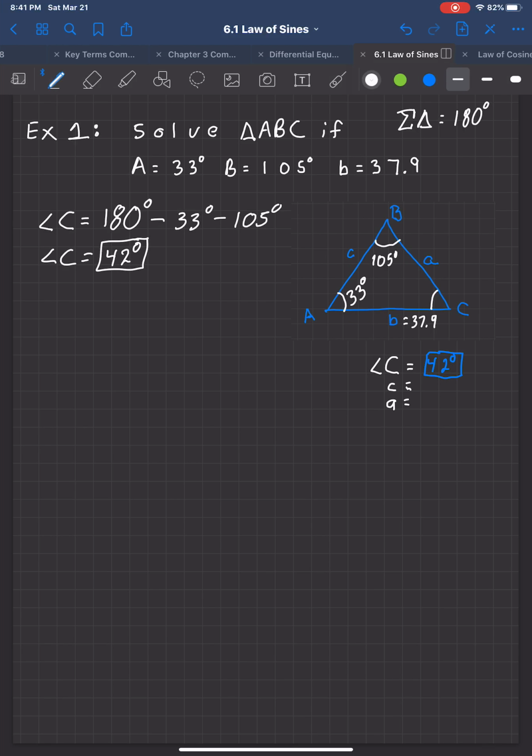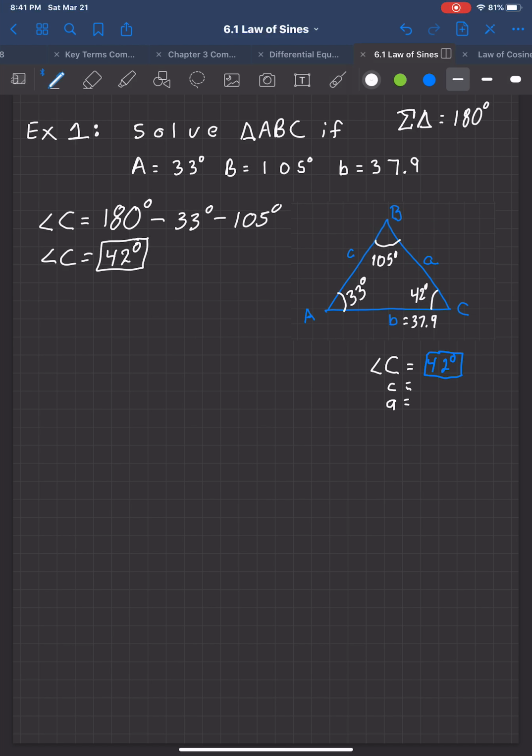And furthermore, I'm going to label it on my triangle, 42 degrees, because I might use that little piece of information later on. Okay, so now think of it like you've already gotten 1/3 of your points. How's that? And now let's see if we can figure out what side A or side C is.